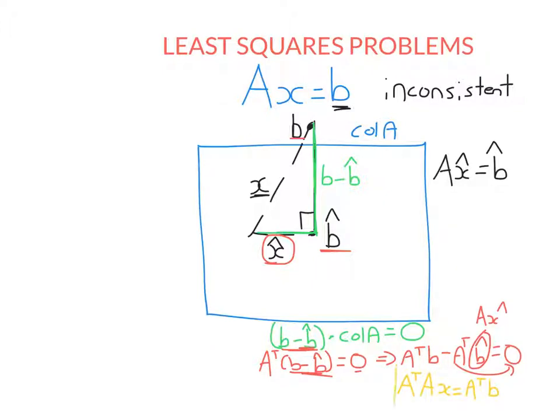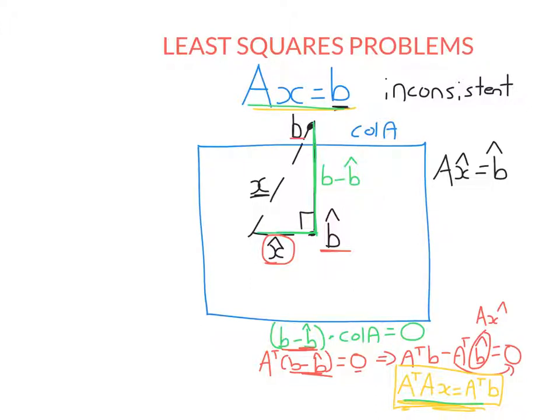This equation in gold is called a normal equation. So when we can't find a solution to AX equals B because it's inconsistent, we instead solve this equation. Any solution to this equation will be the closest approximation to a solution of this. It will be as close as possible to what we wanted.